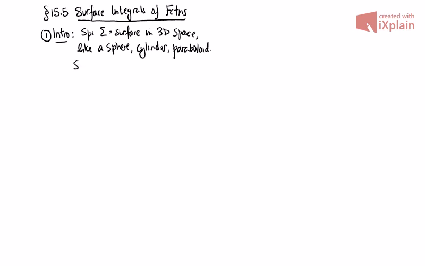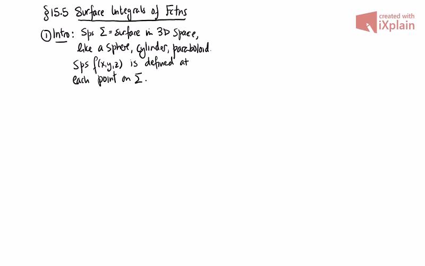Suppose that f, a function f of x, y, z, is defined at every point on sigma. So for every point on sigma, you can plug that point into f and you get a value out. Examples of this might be a density function.